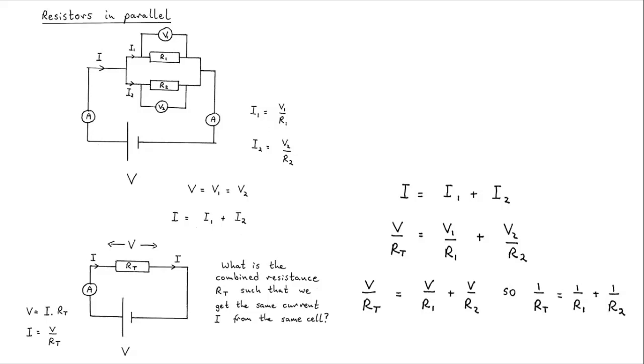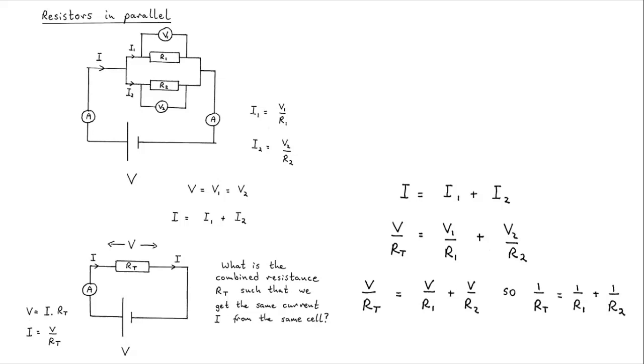Resistors in parallel. Look at the top diagram. Let's just take our time. Two resistors in parallel, 2 voltmeters across each of them. And for the top resistor R1, from V equals IR, I1 equals V1 over R1, and I2 equals V2 over R2.